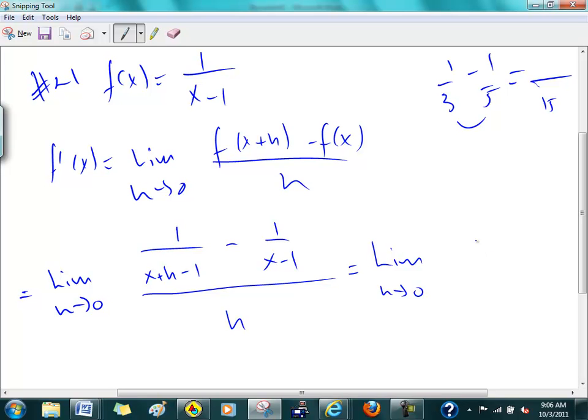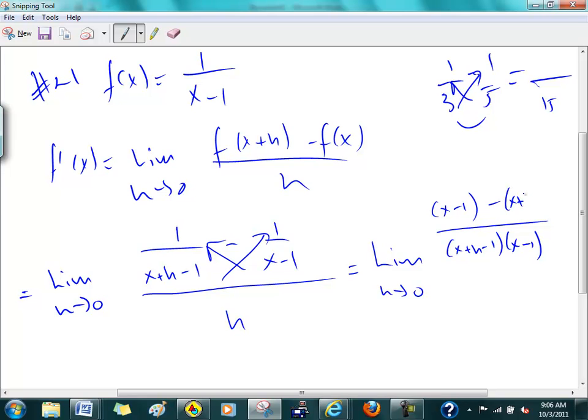So the common denominator there is going to be x plus h minus 1 times x minus 1. Then you cross multiply here. So you get x minus 1 minus x plus h minus 1, and all of this is over h. So everybody with me on this?